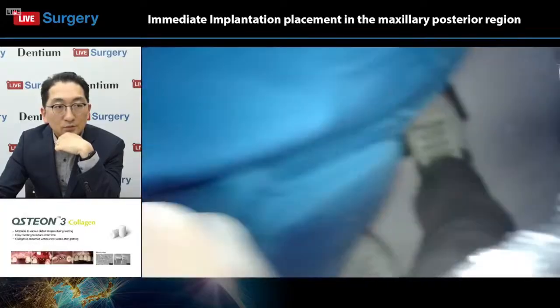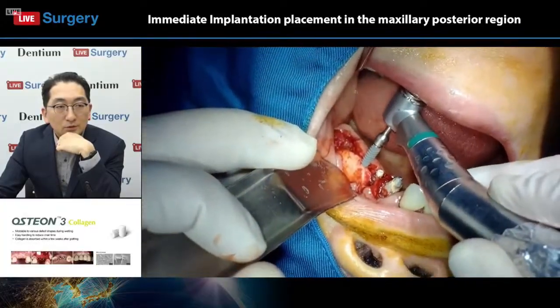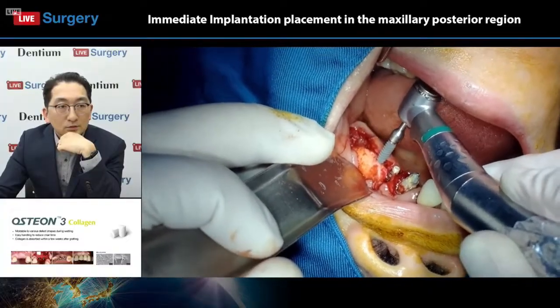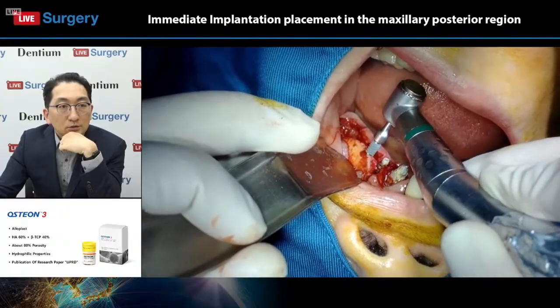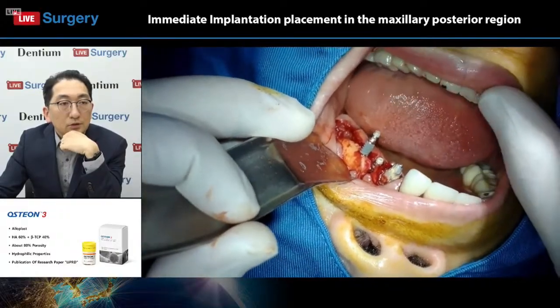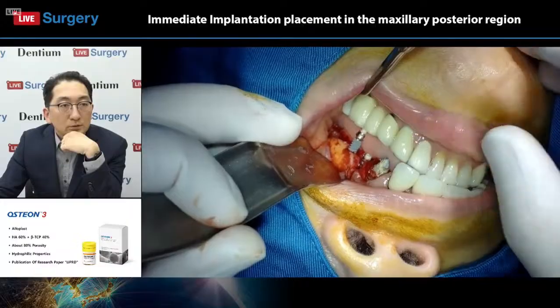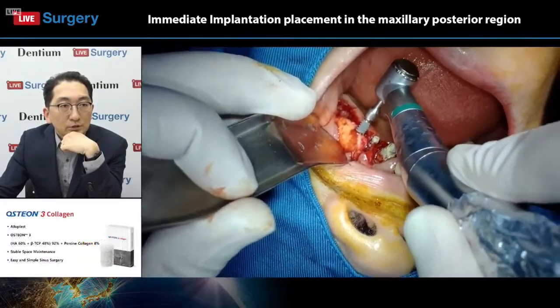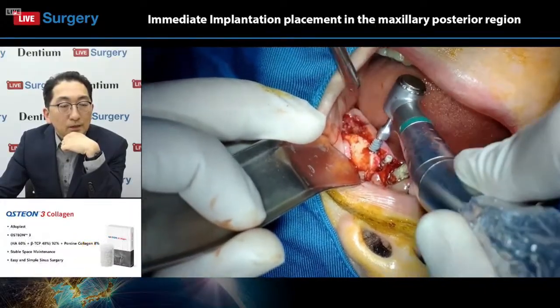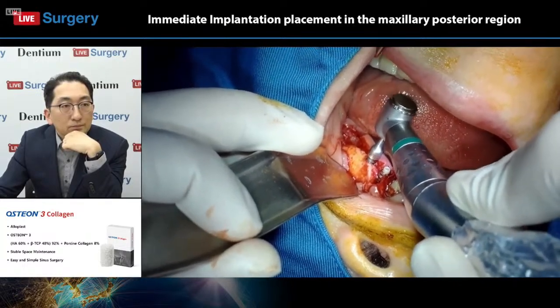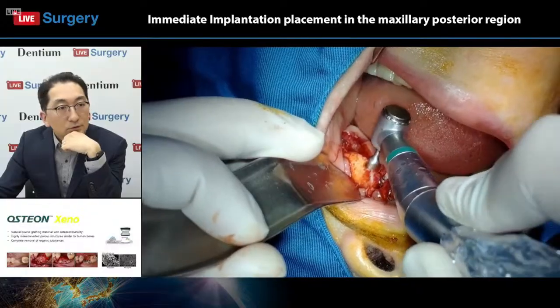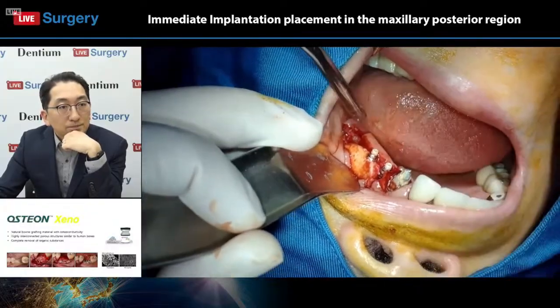Yeah, now install the 3 millimeter diameter and check the direction of fixture and put in the bone the fixture.